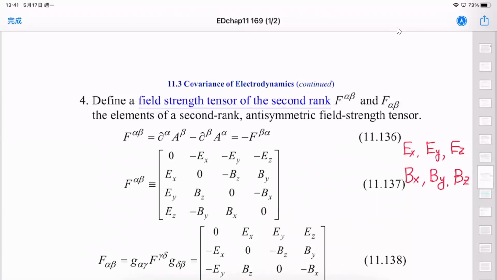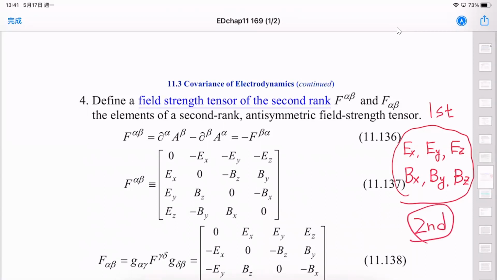So obviously, they're unable to form a four-vector, a four-tensor of the first rank. That is a four-vector. So let's try a four-tensor of the second rank.